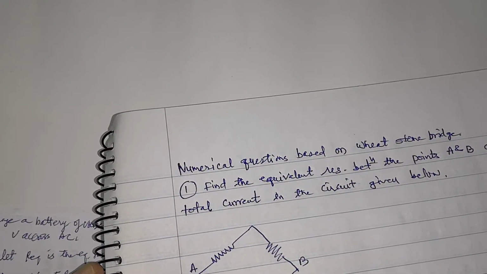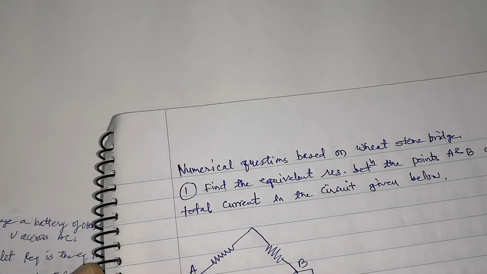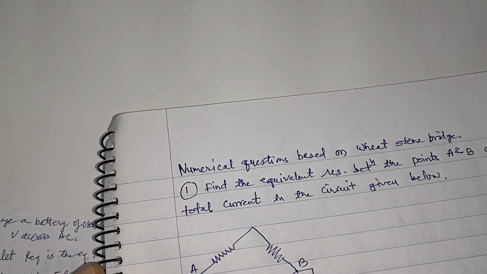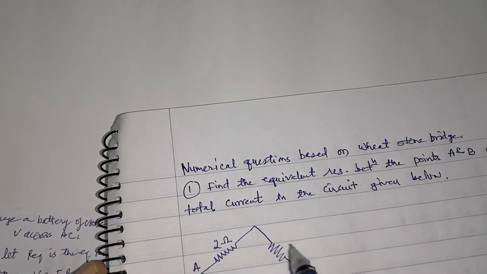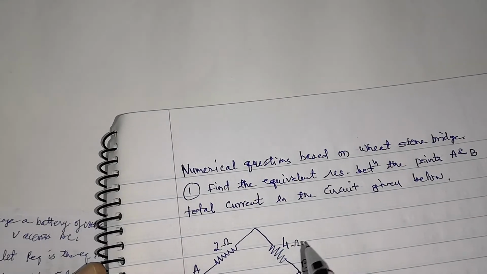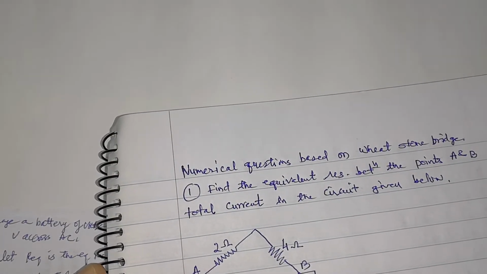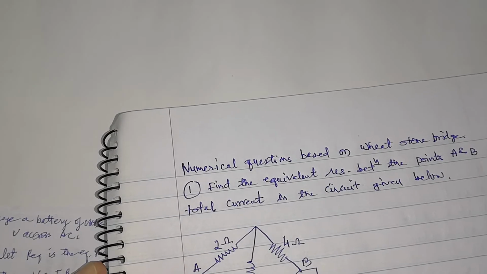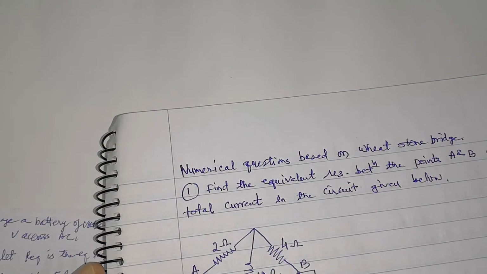One battery is there of 10 volt EMF, one resistance is 1 ohm, this is 2 ohm, this is 4 ohm, this is 4 ohm, and this is 8 ohm, and we have one more resistance, having resistance 10 ohm.